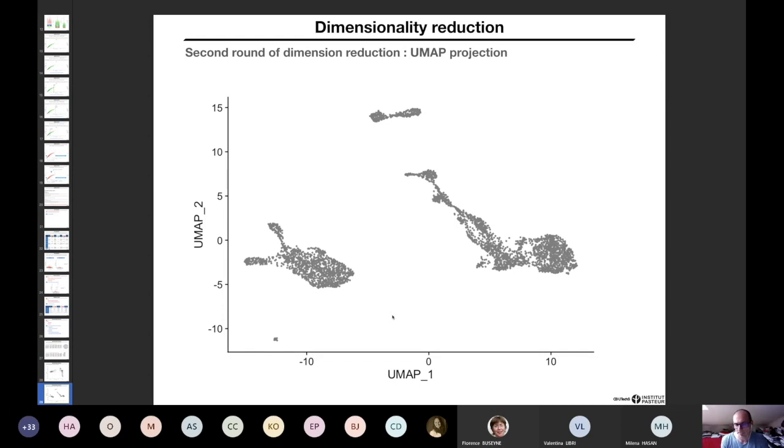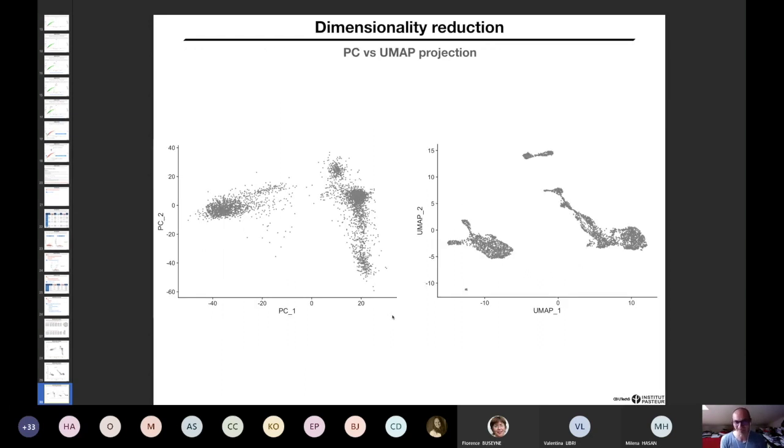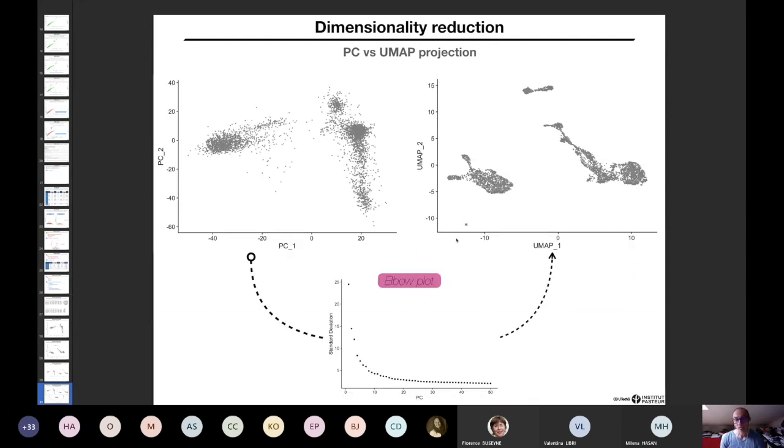And you can see that now the cells are tightly connected together, and they form a clearly separated group of cells. We won't call them clusters for the moment. So here you can see on the left-hand side the difference you can have between the PCA and the UMAP, how we can go from one to another.